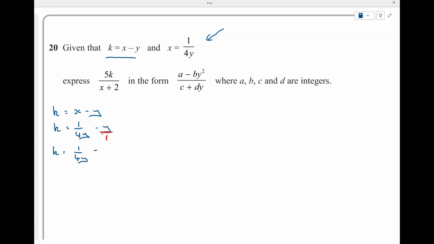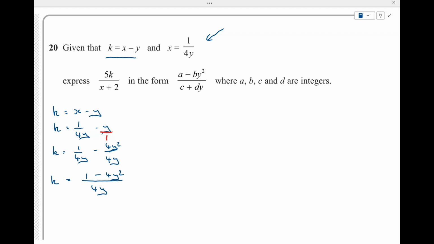It's something over 4y, so I'm multiplying top and bottom by 4y. The top multiplied by 4y will be 4y squared. So my simplified version of k is 1 minus 4y squared over 4y. So that's what k is equal to.